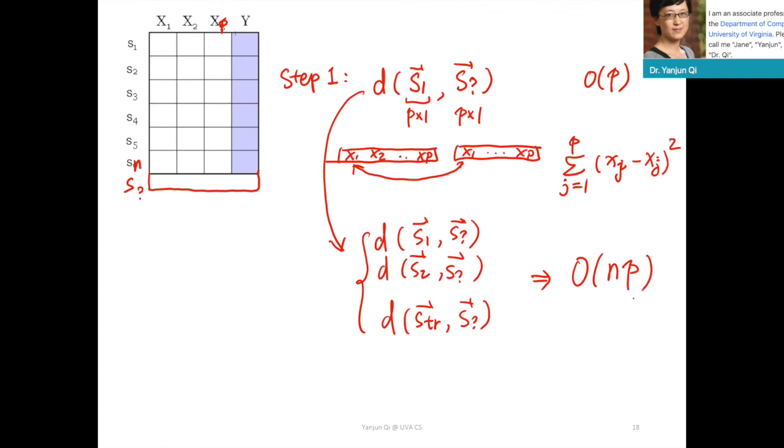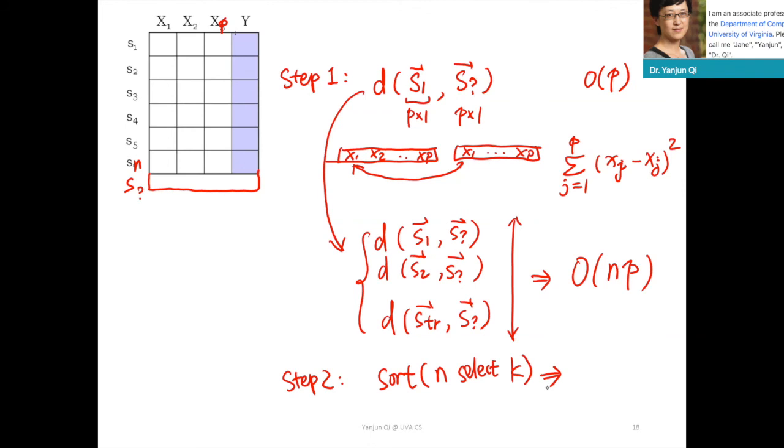And then step 2. I have to look for the nearest neighbor, which is equivalent to what? You do the sorting of this distance measure. You try to get the top k out of n. I hope you still remember from your algorithm class.